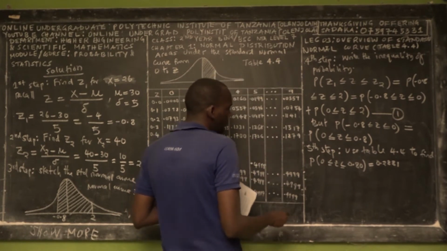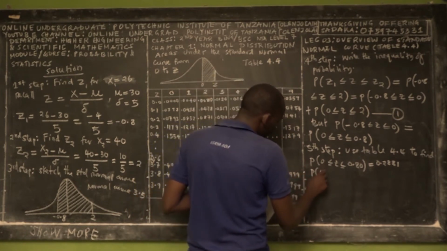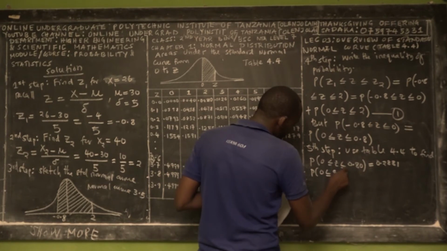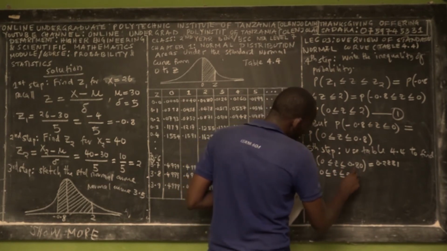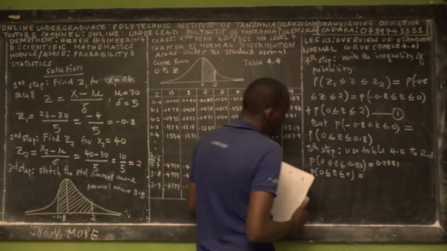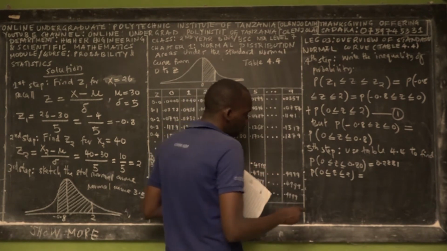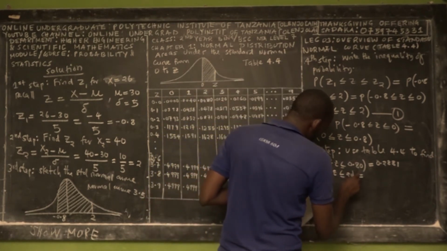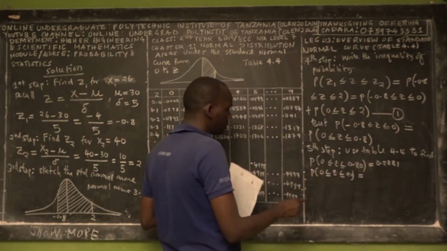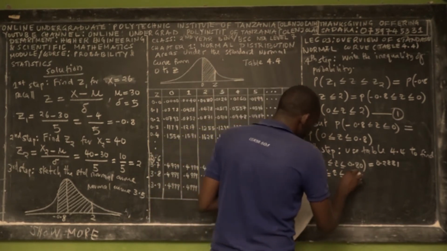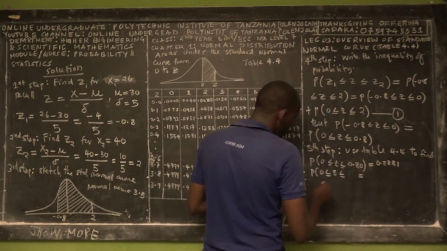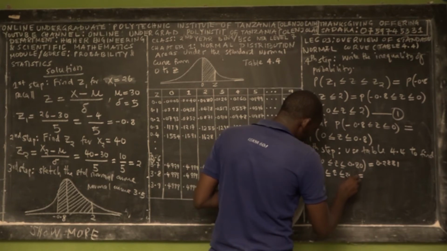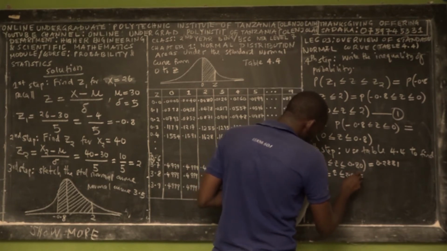And also find the probability from 0 less than or equal to Z less than or equal to 2. This corresponds to 2.00, because 2 is a whole number.